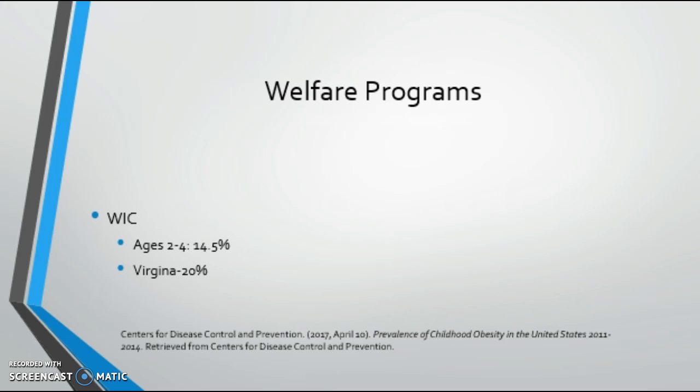Currently, statistics from the Centers for Disease Control and Prevention show that approximately 14.5% of children that receive food from WIC programs between the ages of 2 to 4 are currently obese. Those are children that are the ages of 2 to 4, just to reiterate, that are already facing obesity. In Virginia alone, there is a report that 20% of its children receiving WIC support already show obesity.